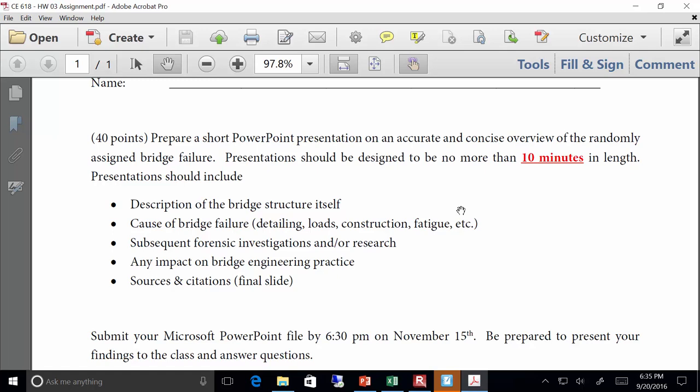Pick one. I've got American bridges, international bridges, stuff that's recent, stuff that happened a while ago. So let's see what happens. I think I've got one in Canada, one in Portugal, one in Vietnam. So there we go.